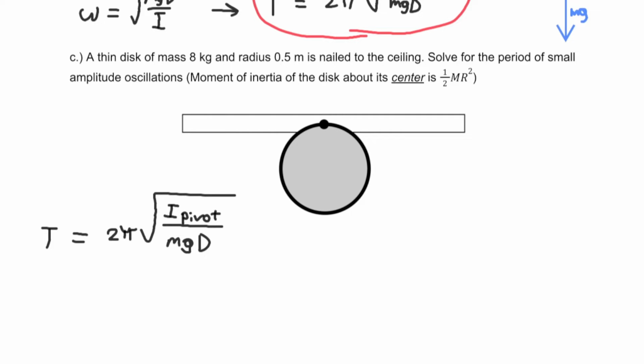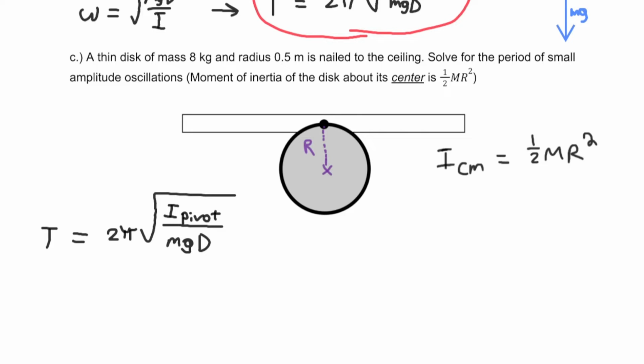So we are given that I about the center of mass is equal to 1/2 mr squared. That is not where we're pivoting. So that's the I value here. So that means we want the I value there. And since this is a disk, that's just a distance of r.